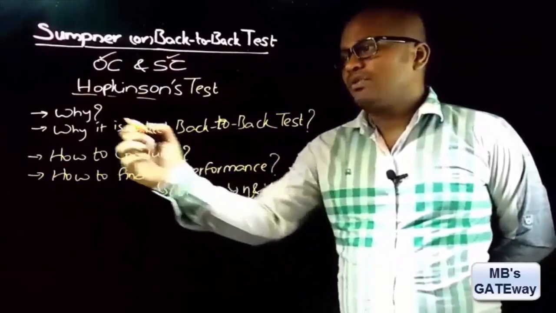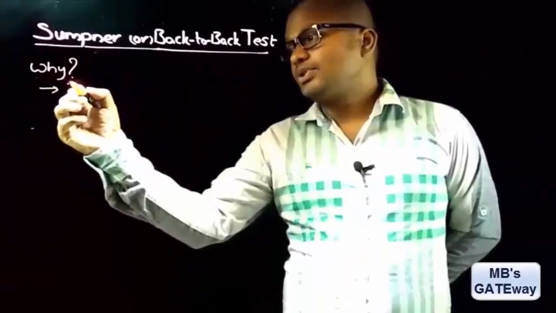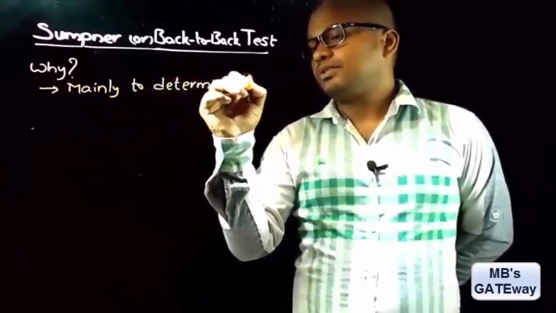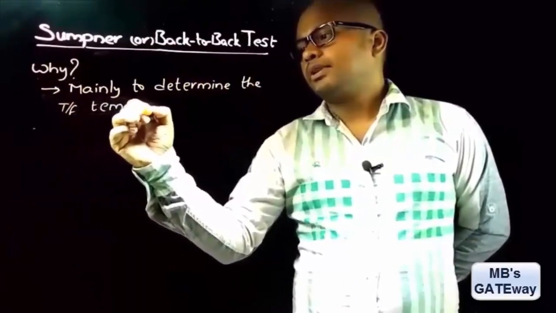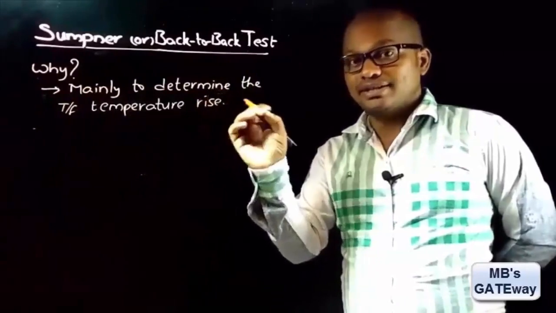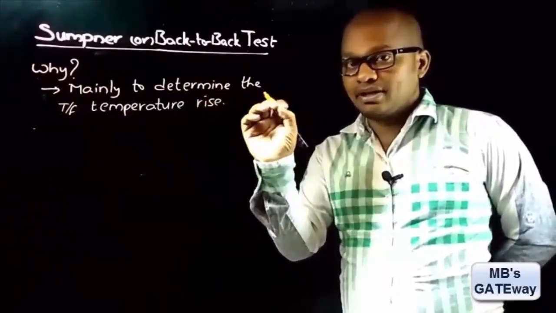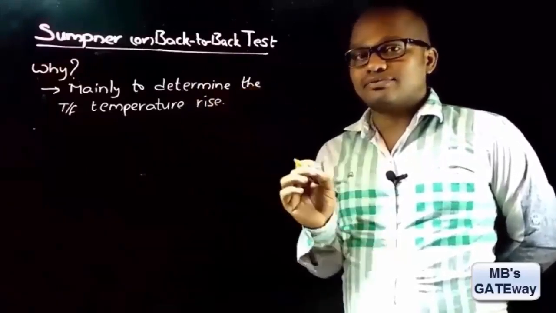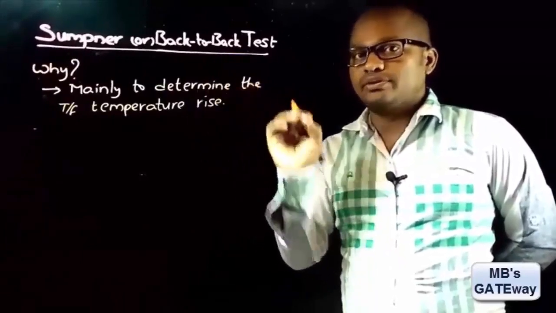Now let's discuss why to use Sumpner's test. Sumpner's test is mainly used to determine the transformer temperature rise. And why to determine the temperature rise in a transformer means, from the safety point of view of the operating person as well as from the safety point of view of the internal parts of the transformer, the temperature rise in a transformer is to be known.